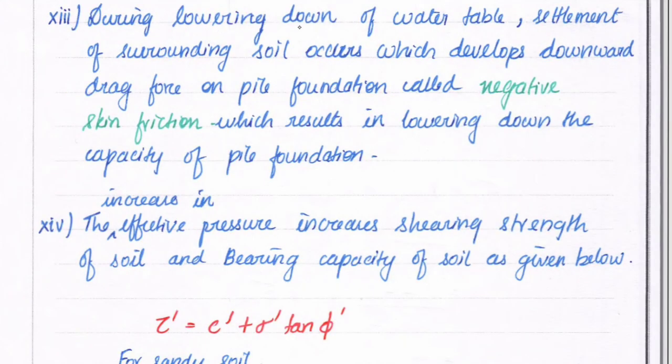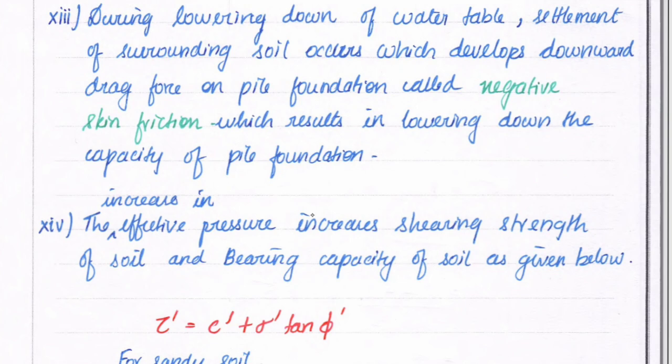Then, during lowering of the water table, settlement of the surrounding soil occurs, developing a downward drag. So negative skin friction will occur in the pile foundation, which results in lowering the uplift capacity of the pile foundation. This is the main reason the pile foundation can fail.